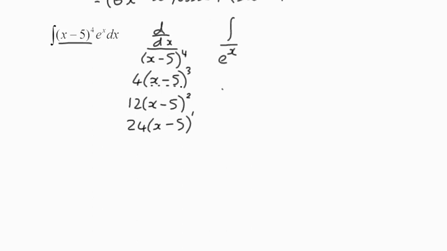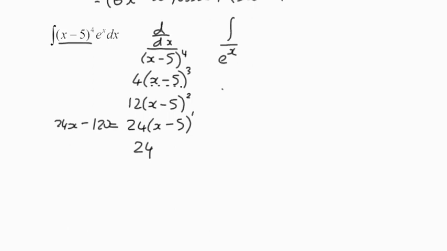And just watch this one, because technically, of course, that's 24x minus 120. So when we differentiate one more time, we'll end up with just the 24 from the constant term in front of the x.